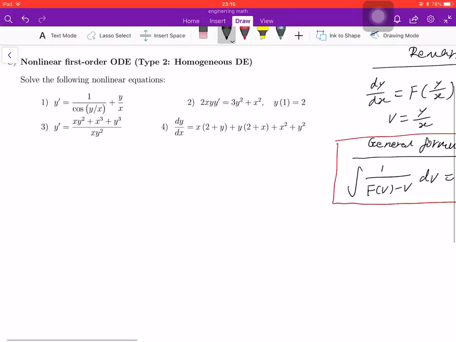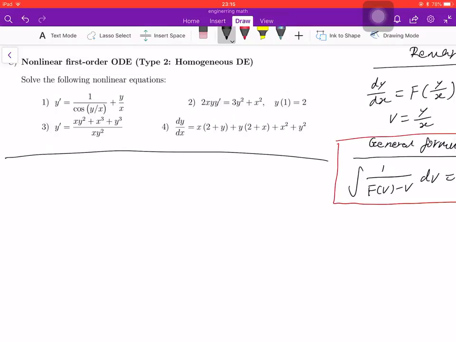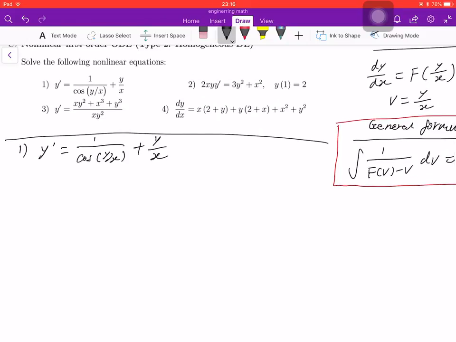Okay, so let's see question 1. We have y prime equal to 1 divided by cosine of y divided by x plus y over x. Okay, now we can express y prime as dy dx, and this is equal to 1 over cosine y divided by x plus y divided by x.